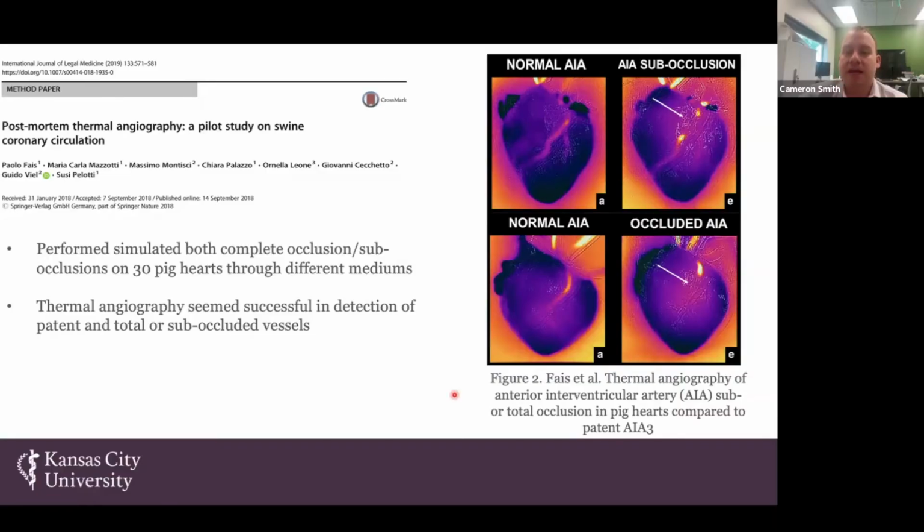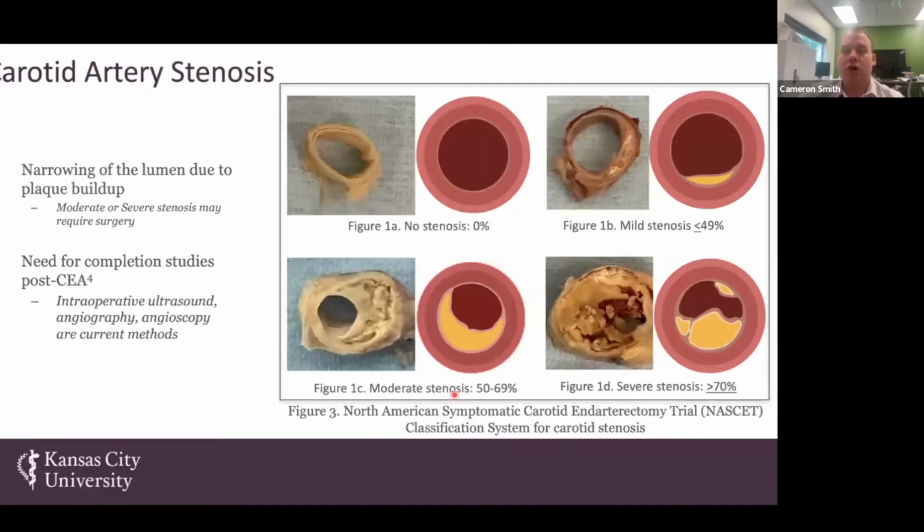They used different mediums in the hearts, such as ultrasound jelly, to simulate the stenosis. This was really important because there has not been research looking at pathologic arteries anywhere else in the body. So our study was to look at the carotid arteries.